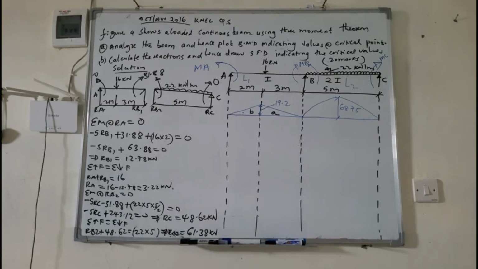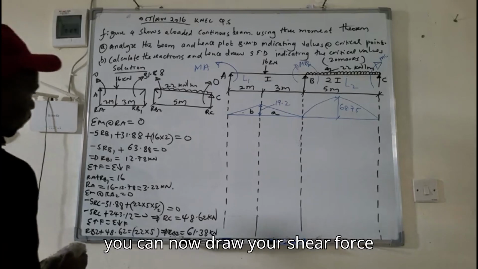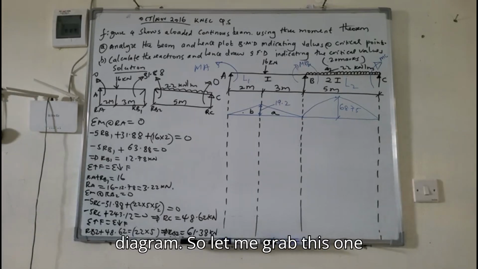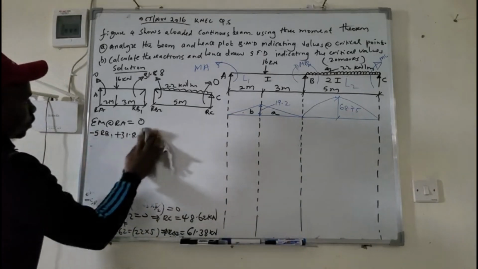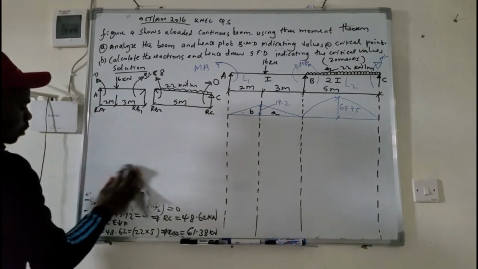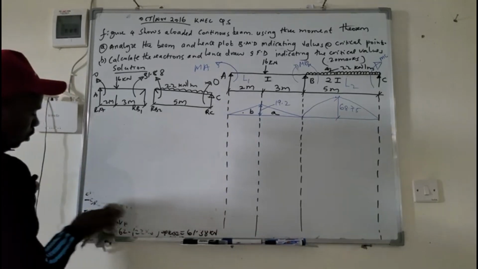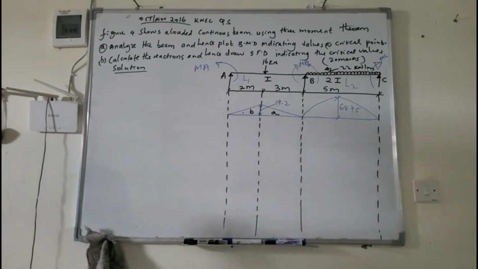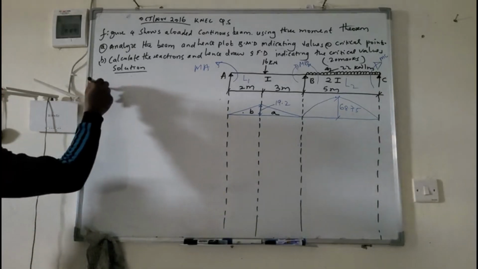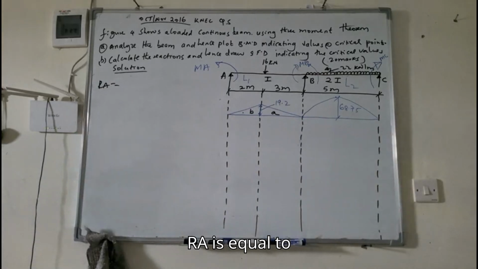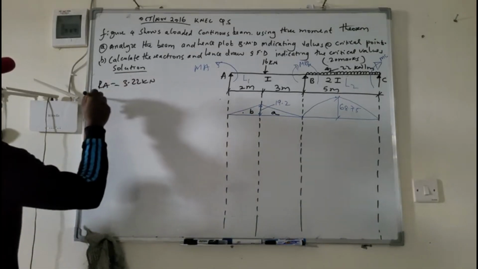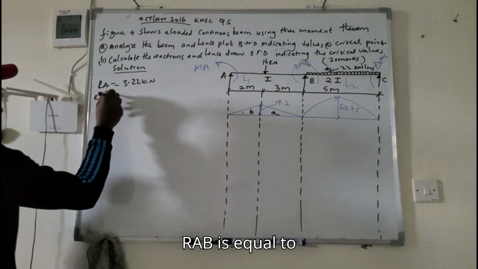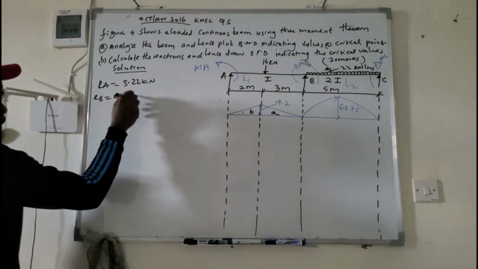After doing so, you can now draw your shear force diagram. So let me wrap this one to create space. So we know that RA is equal to 3.22. RB is equal to RB1 plus RB2.